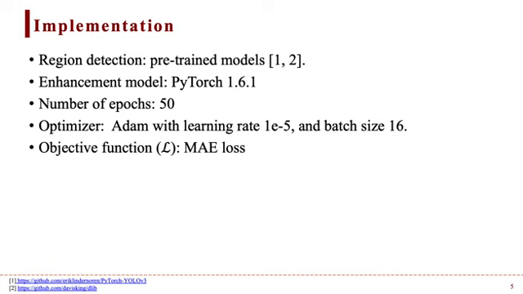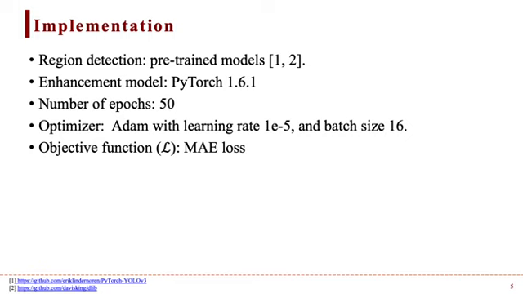Here are some implementation details. We have two pre-trained models as follows, and our model is based on PyTorch 1.6. We trained each model for 50 epochs in total.